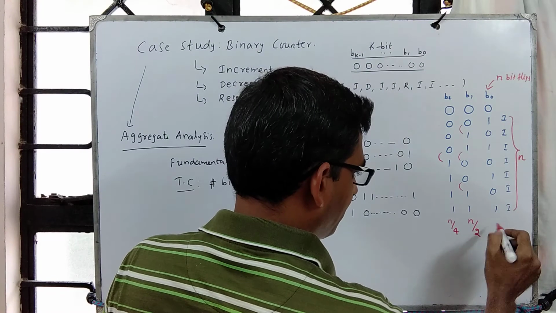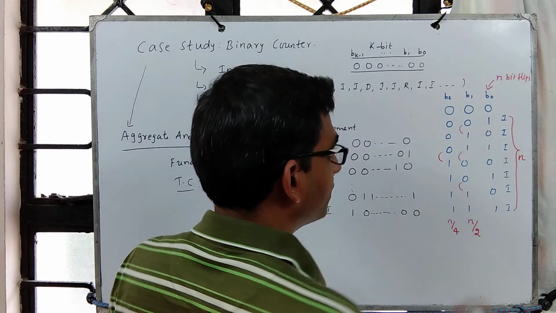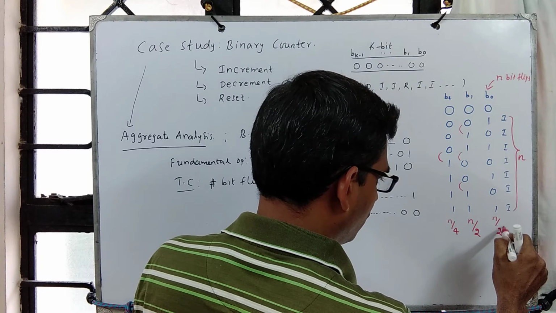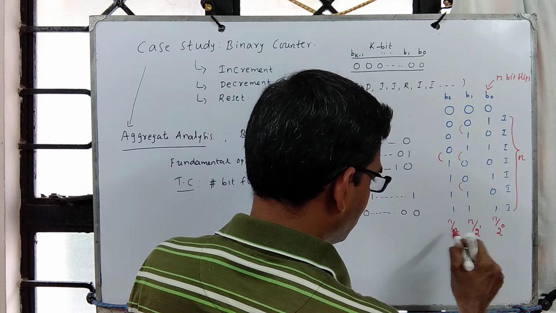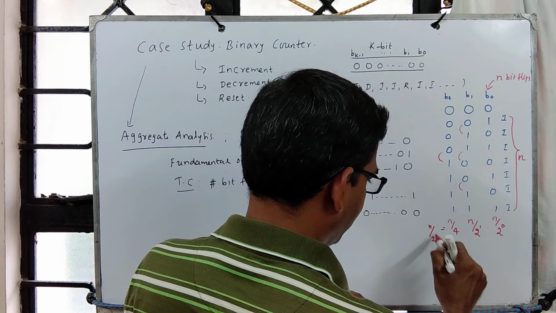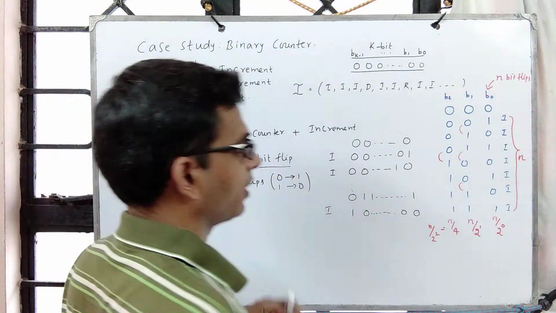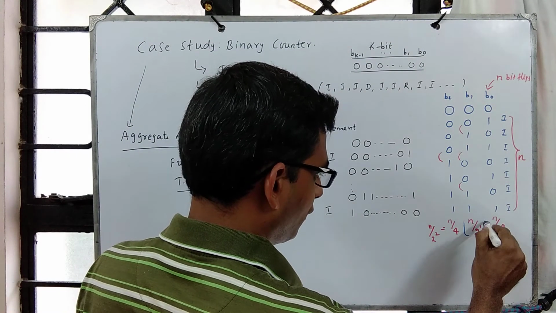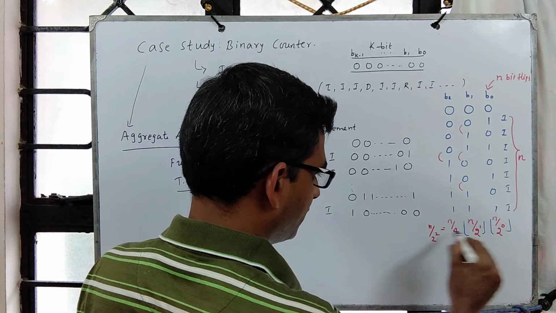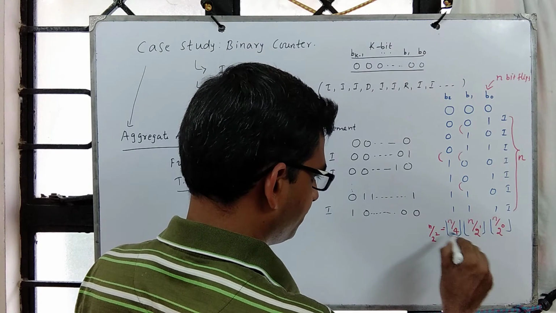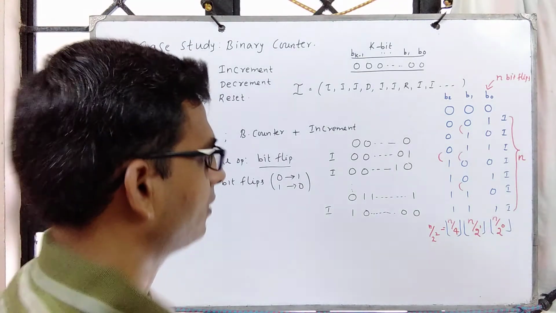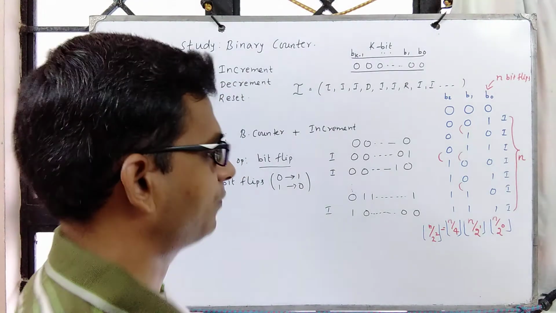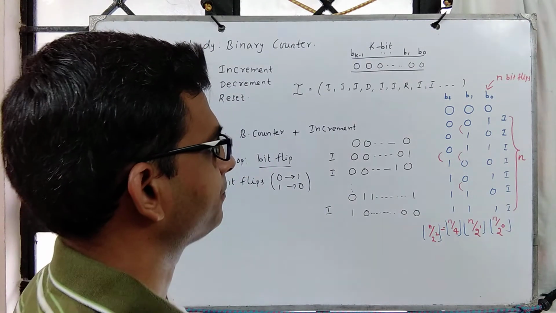So formally you can see it this way: n by 2 power 0, 2 power 1. This one is n by 2 square. And you see that it is the floor of this, floor of this, so floor of this. Fine? At least through the example you can see that it is floor of n by this.